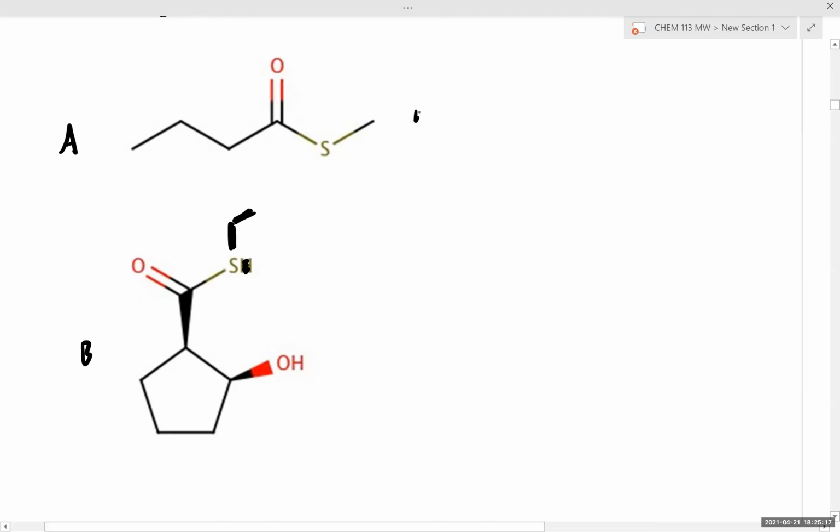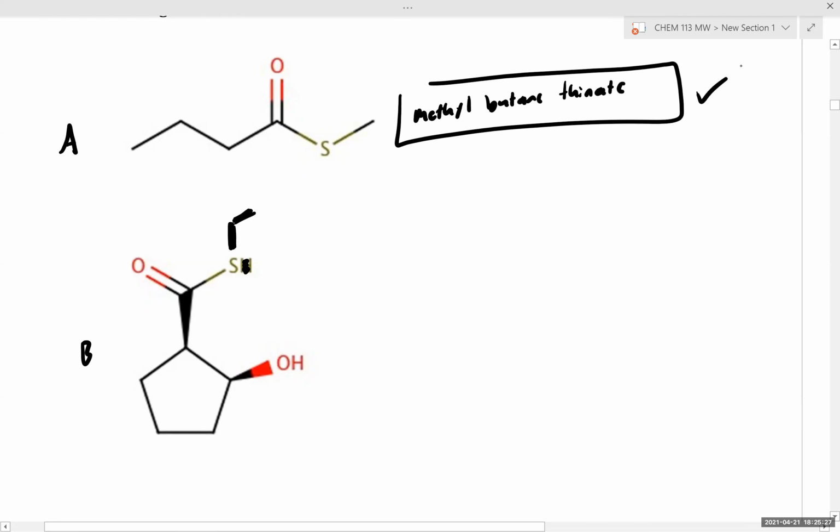So we have a proposed name for this first compound as methyl butanethioate. Yep, and that proposed name looks completely reasonable, and we see quite significant class consensus.